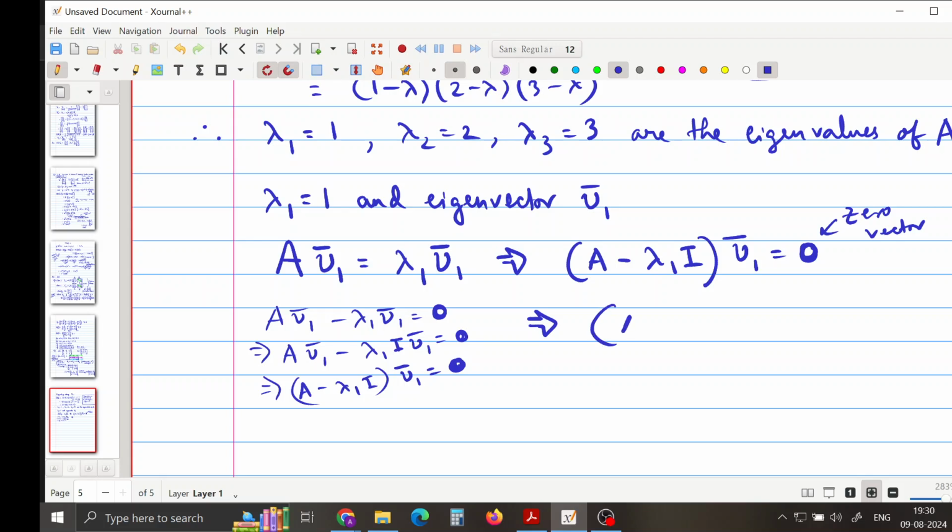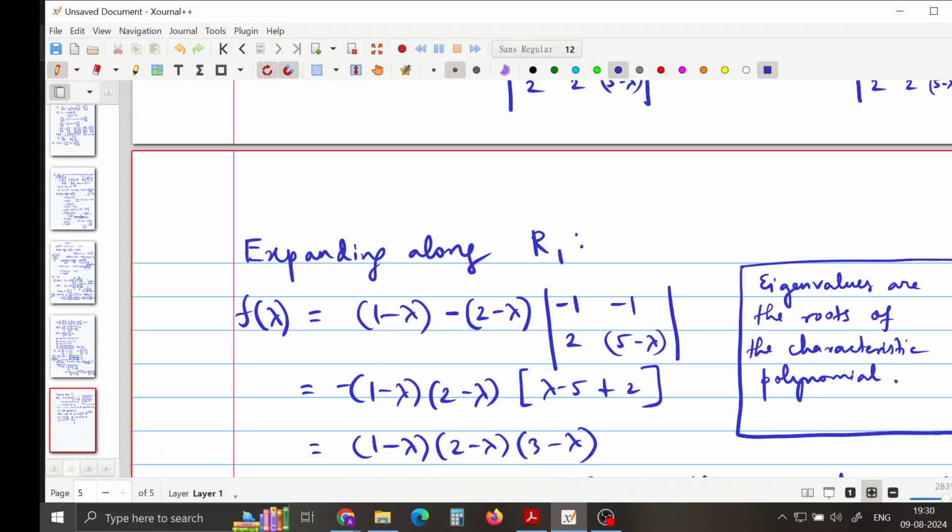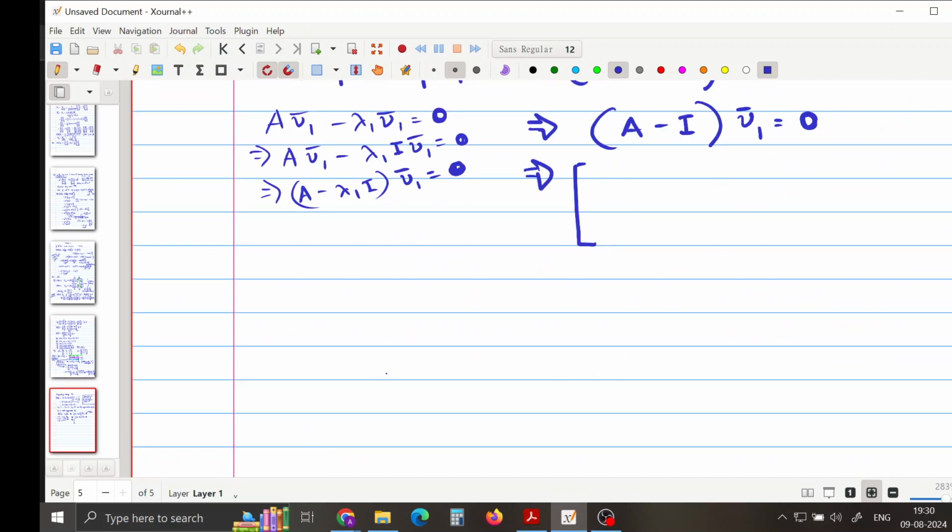So this reduces to A minus identity times v1 equals the zero vector. So what is A minus identity? You already have the given matrix A, and you can simply subtract the identity, and if you do that, you'll get this matrix.